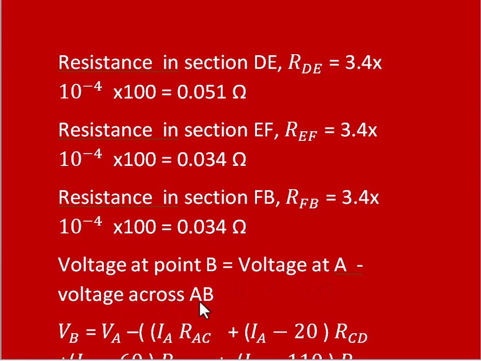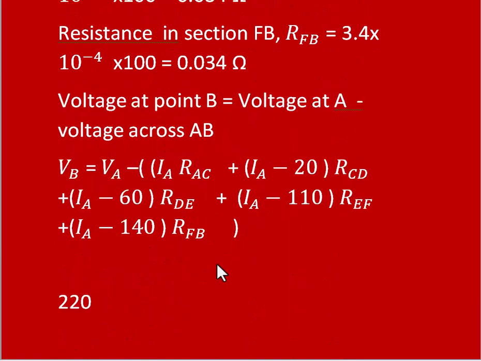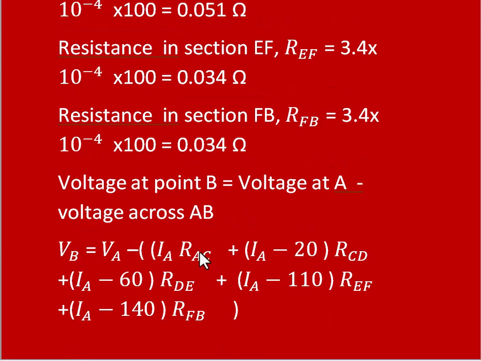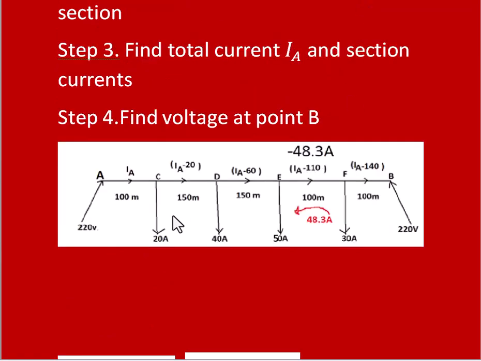section AB. So here both the sides voltages are known, that is at point A and point B. So they are at 220 volts. Only thing is here this equation has to be written just to know what is the unknown current called IA. Look at this diagram here.